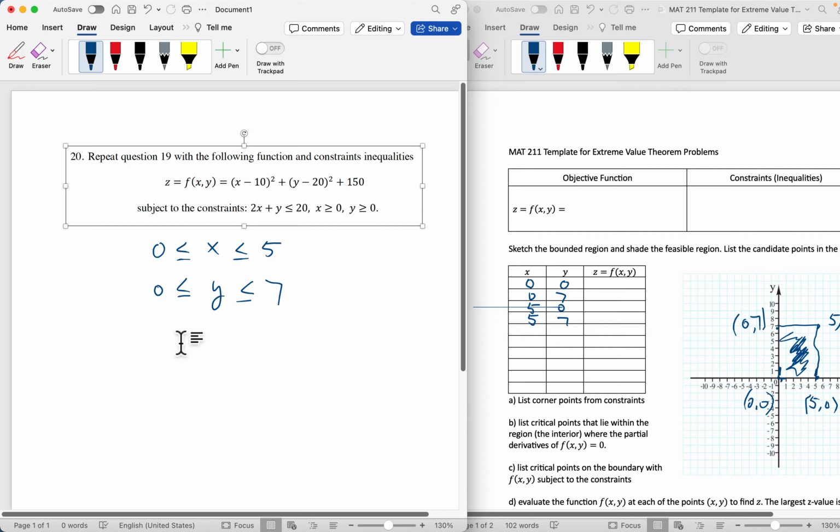And we do that by taking the partial derivatives and setting them to zero. So the partial derivative with respect to x and the partial derivative with respect to y, we're going to take those, set them both equal to 0, and find the place where there's a simultaneous solution to that.